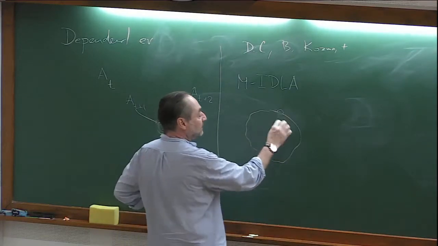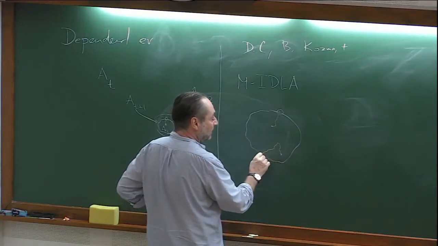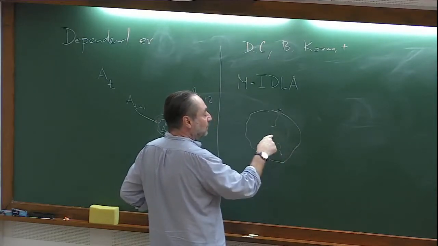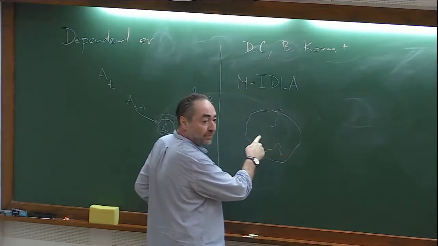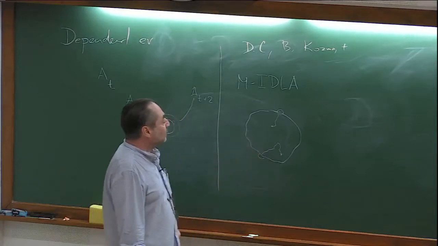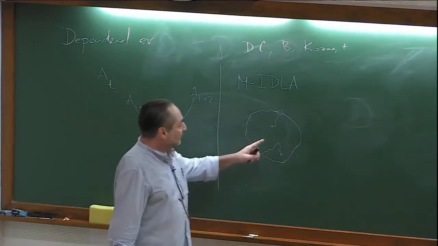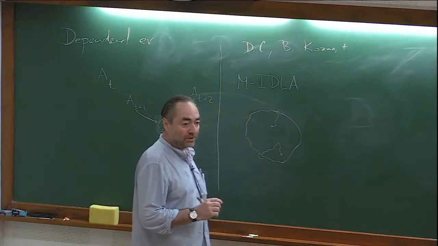You don't go to the origin, but you just choose uniformly. It's quite a technical work to show that this process also has a limiting shape. They don't have fluctuations, I guess, but at least they know that it converges to the Euclidean ball.